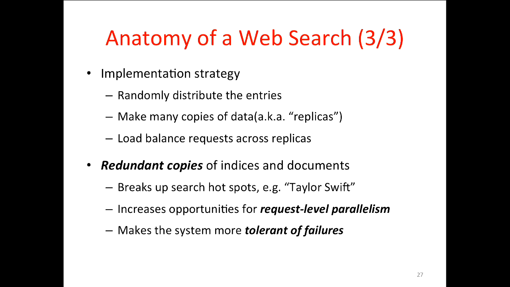So here we have many copies of indices and documents for each keyword. This is because first you want to break up some hot search keyword like Taylor Swift. And then it also wants to increase the opportunities for request level parallelism, because by having multiple copies, we can handle multiple requests of the same keyword.